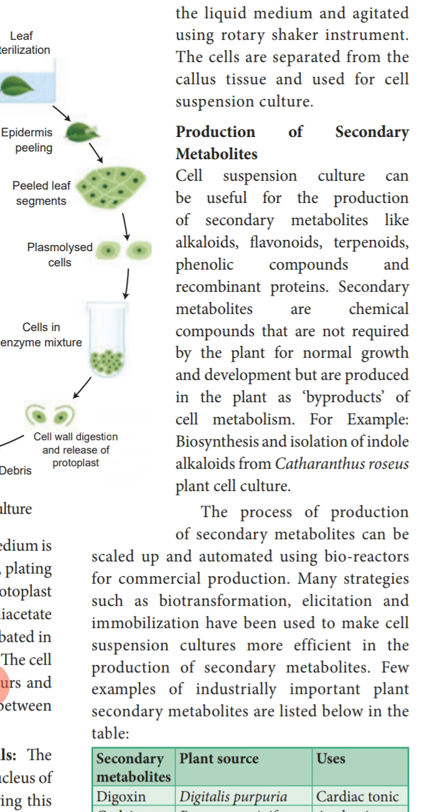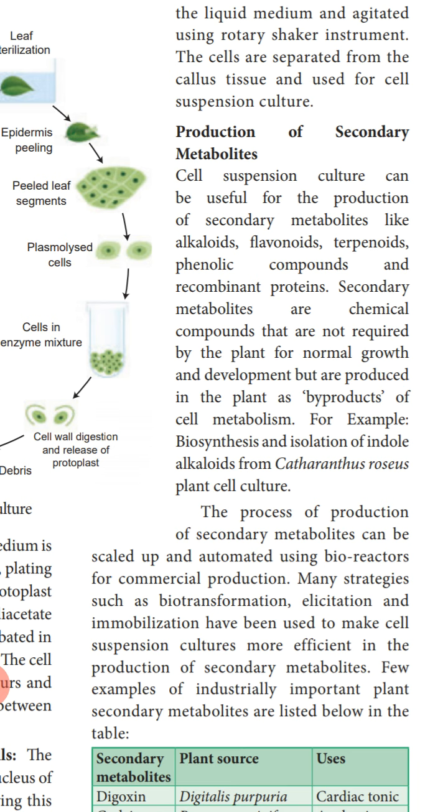The process of production of secondary metabolites can be scaled up and automated using bioreactors for commercial production. So, for the large production of these secondary metabolites, they are being prepared in bioreactors, scaled up and automated.